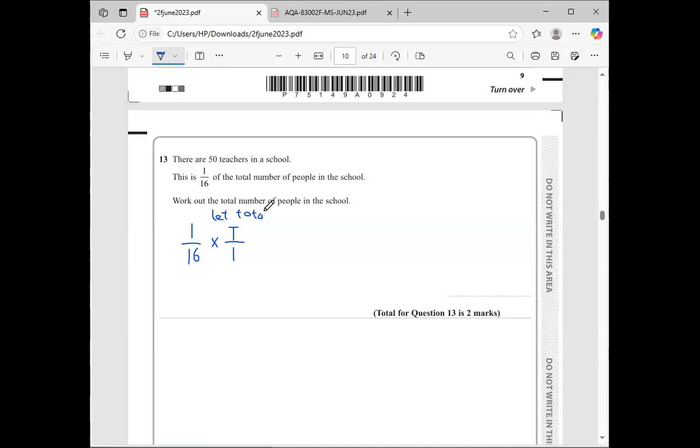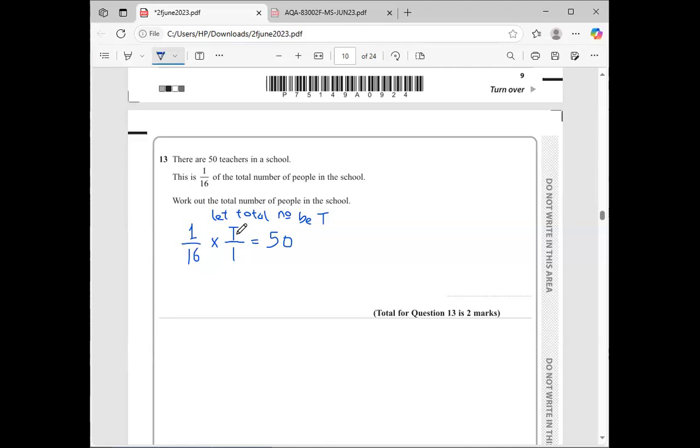I'll just write, let total number be T, the capital letter T. So from the question, it says 1/16 times T over 1, because that's what it says. 1/16 of, please always remember of means multiplication, the total number of people in the school is 50, because they said that they're teachers, okay? So question is this, what is the value of T?